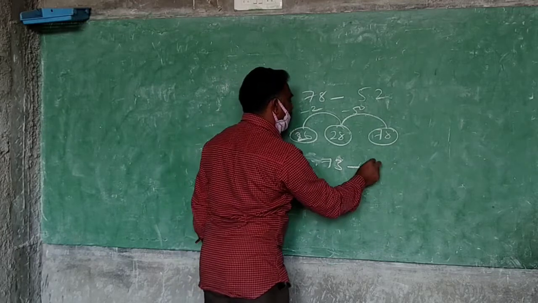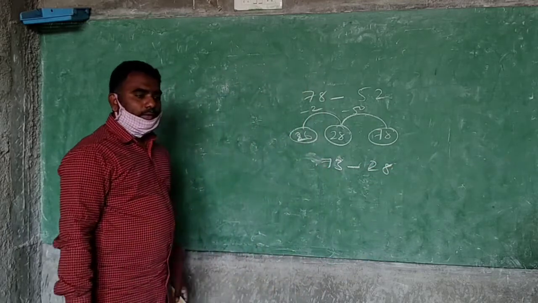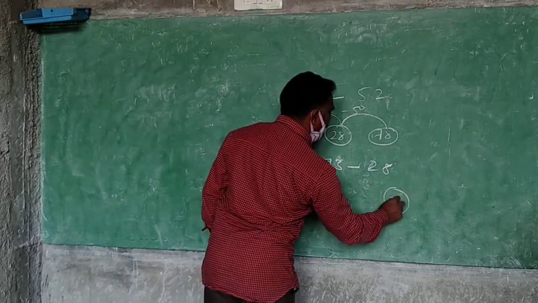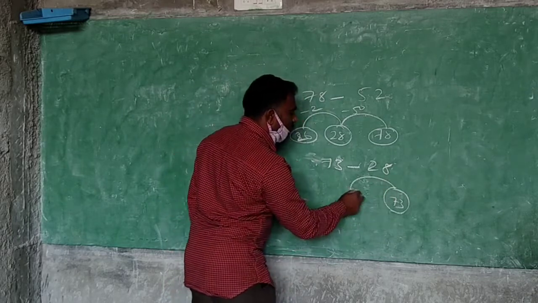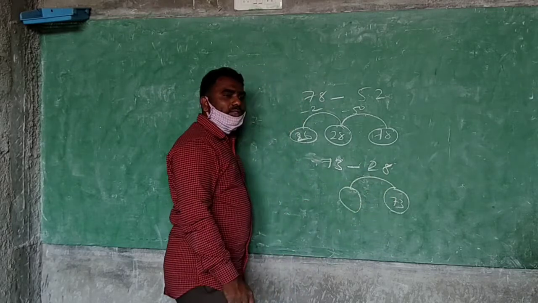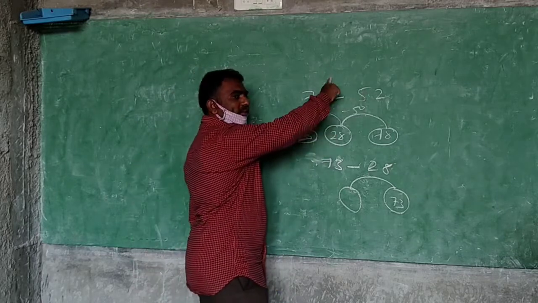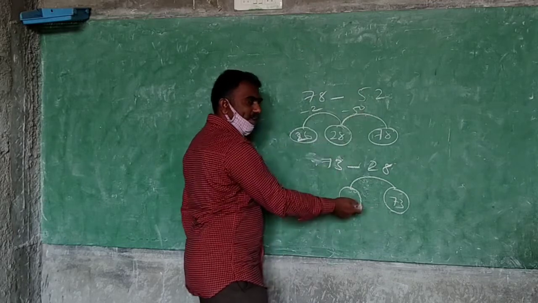Now 73 minus 28. How do you subtract, you say to me? First 73, how much you subtract? 30. Very good, 30. Round figure you subtract always. But here round figure backside is there. Here round figure extra you are taking. Here less you are taking, here extra.